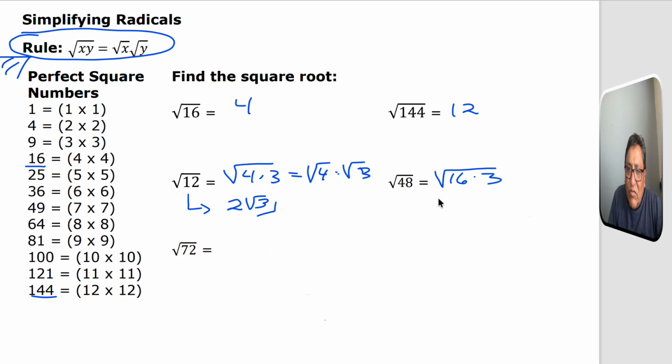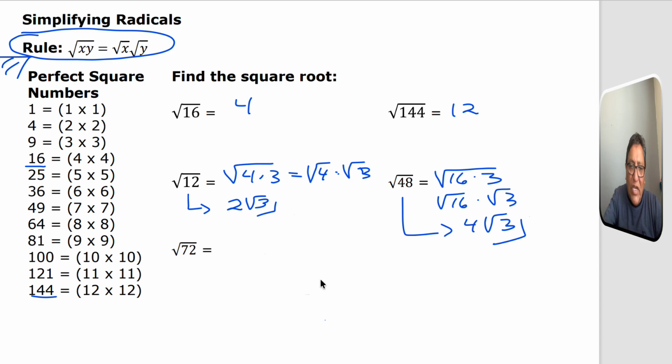So we can split this as the square root of 16 times the square root of 3. The square root of 16 will be 4, correct? Times the square root of 3. That should be the simplest form of the square root of 48.